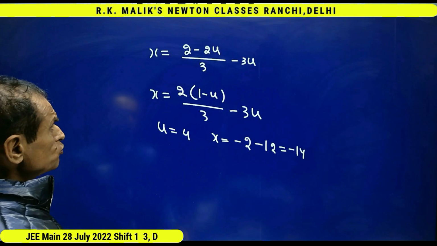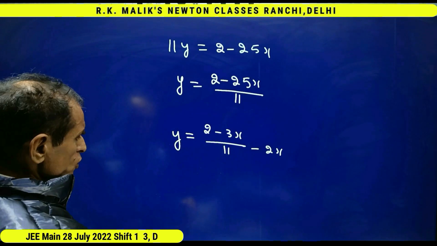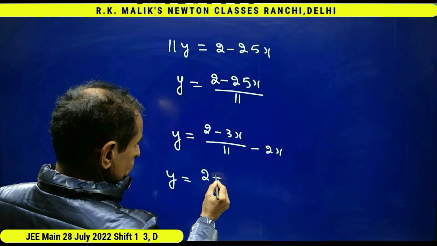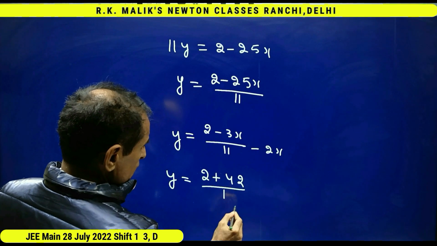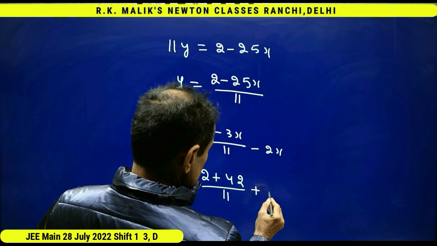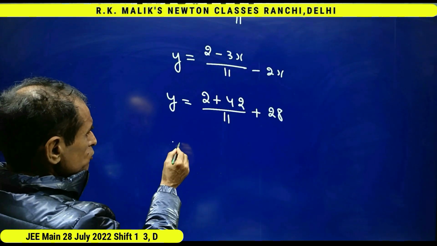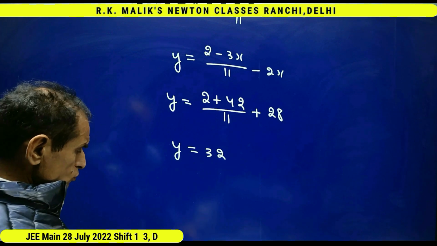And now putting this value of x in this value of y, you will be getting y equal to 2 plus 42 by 11 plus 28. That is, the value of y I have got is 32.